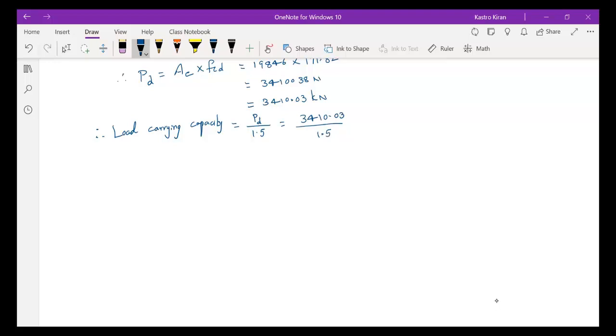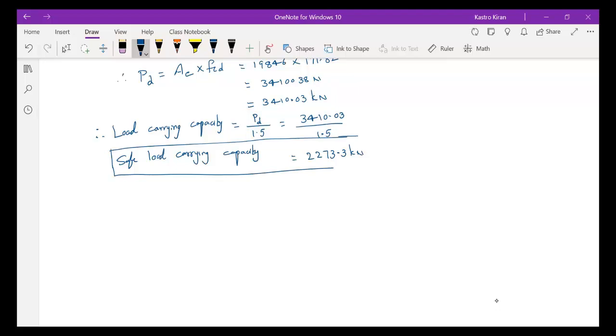So this will be 2273.3 kilonewtons. This is the safe load carrying capacity of the section. So this is how you should find out the safe load carrying capacity of a built up section.